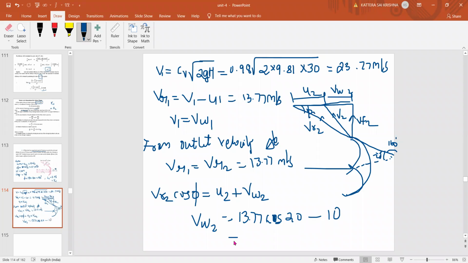So now you will get the VW2 value: VR2 cos phi minus U2. Tell me this value. 2.939 meter per second. Okay, so 2.939 is your VW2 value.